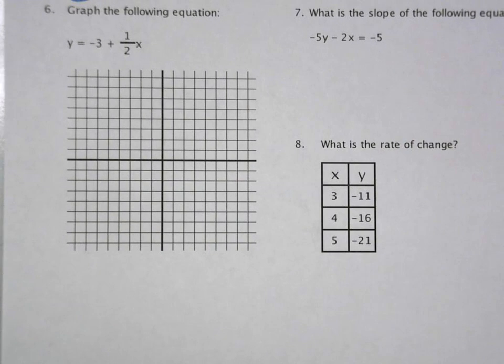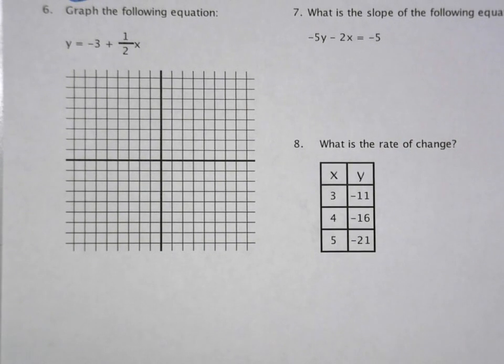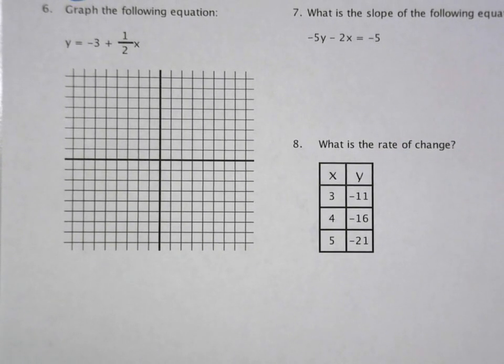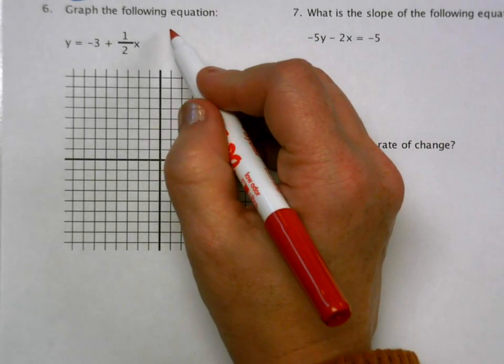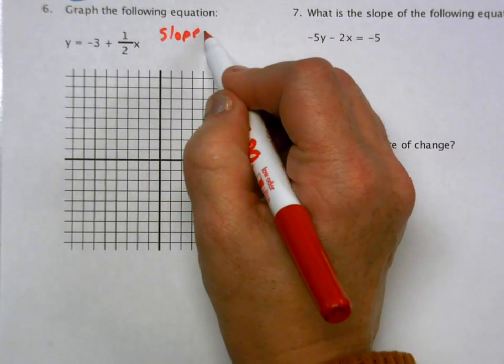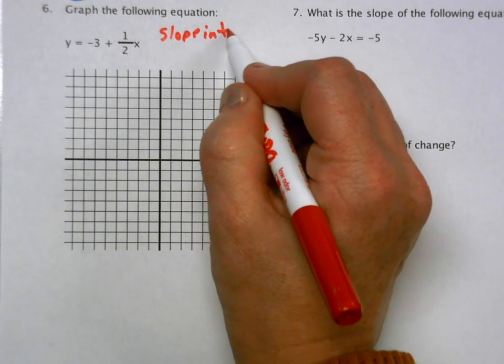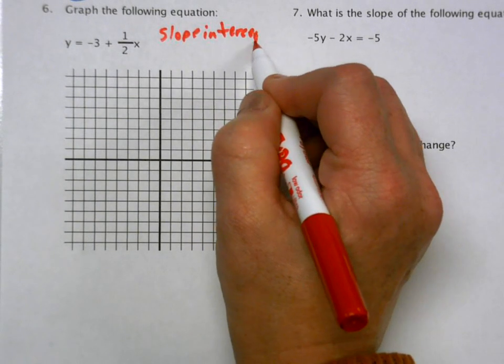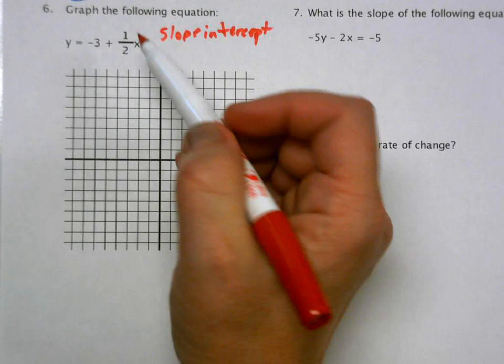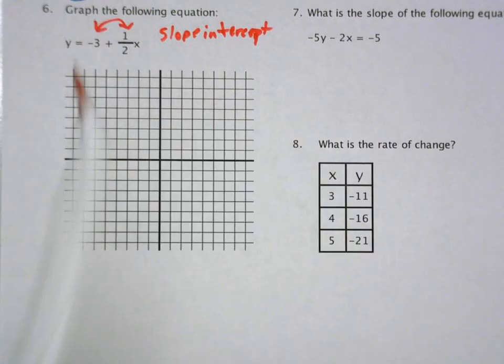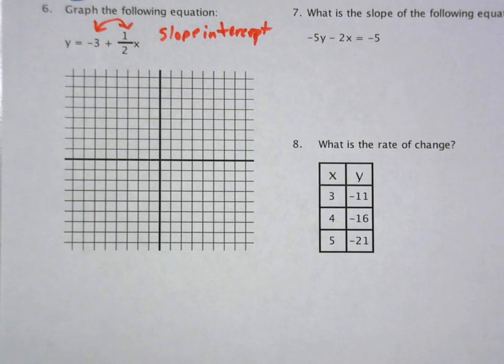So number 6. Graph the following equation. What format is it in? It is in slope-intercept form, kind of, right? What's wrong with it? The mx and the b are backwards.